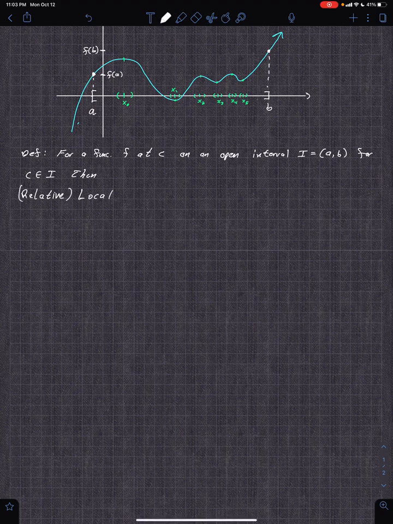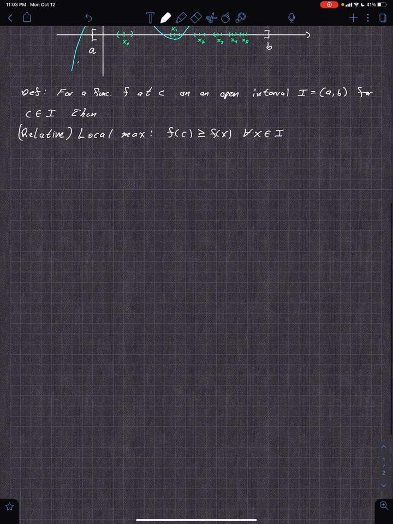So the relative maximum means basically the same thing, that f of c is greater than or equal to f of x for all x in I. So basically there exists an interval that you can squeeze around it, that it's the maximum or minimum. And that's what we mean by relative.